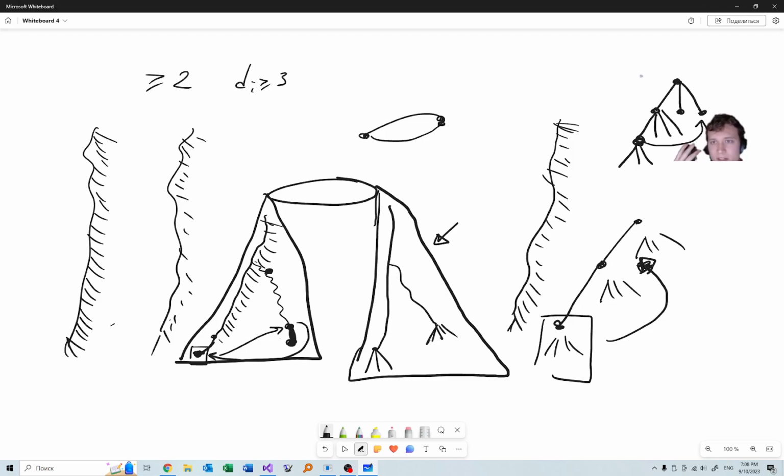So if I have depth at least 3, it is possible to decrease it. Surely it is possible to decrease it. Depth is at least 3. No, maybe there are no children here. Yeah, maybe there are no children here. So what then if there are no children?